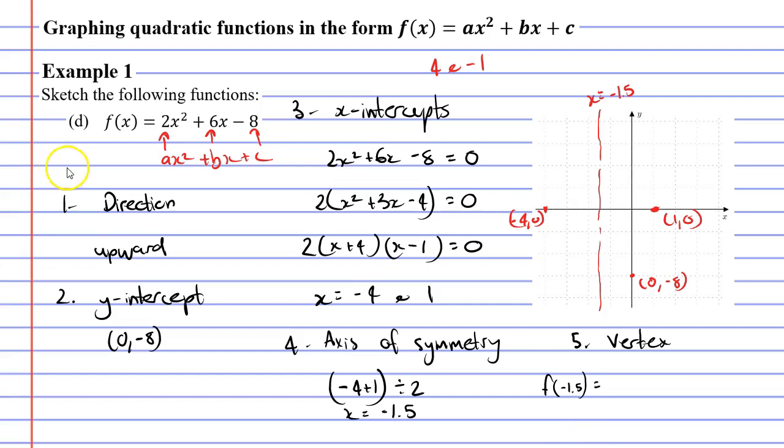We know the first part of our function says 2x squared, so we're going to write this as 2 times -1.5 squared. We then have plus 6x. We're going to write that down as plus 6 times -1.5. And finally, minus 8. We write that at the end.